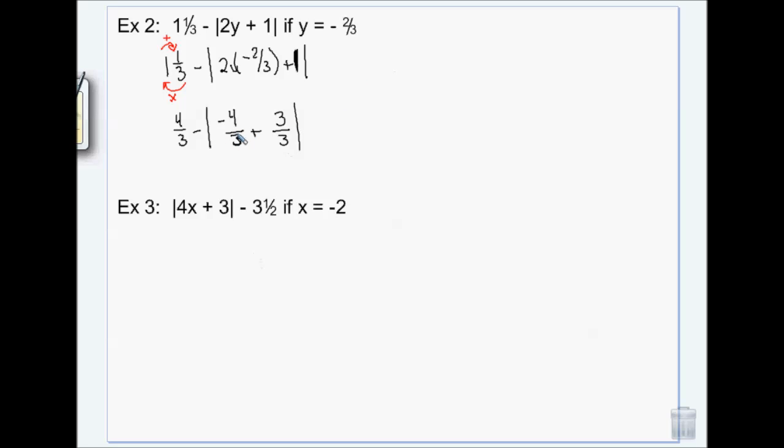Negative 4/3 plus 3/3 is negative 1/3. The absolute value of negative 1/3 is positive 1/3, but this negative outside is just lurking, right? So it stays there. So I get 4/3 minus 1/3, so it equals 2/3.